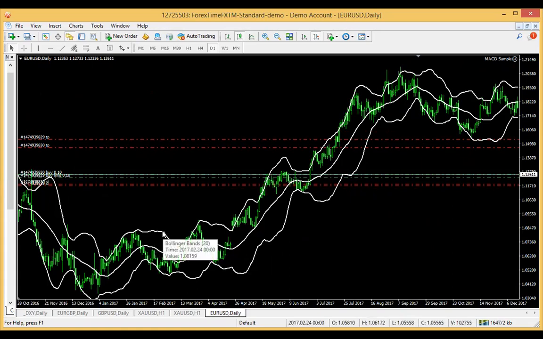This is the upper band, this is the lower band, and this is the middle band. I can call it lip, tongue, and teeth. Now when price crosses the tongue, when price crosses the center, it will go and hit the upper band.